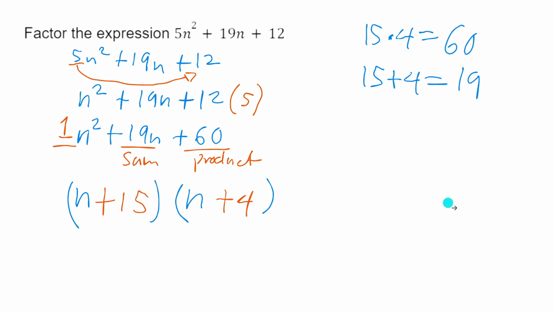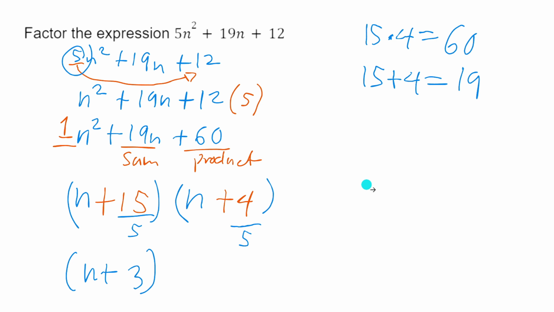Now, are we done already? Not yet, right? Because a while ago, we multiplied something. Now we want to take it back. We will divide. And what's that number? That is 5, right? So we have 5 and 5. What is 15 divided by 5? It's going to be 3. So this is n plus 3.